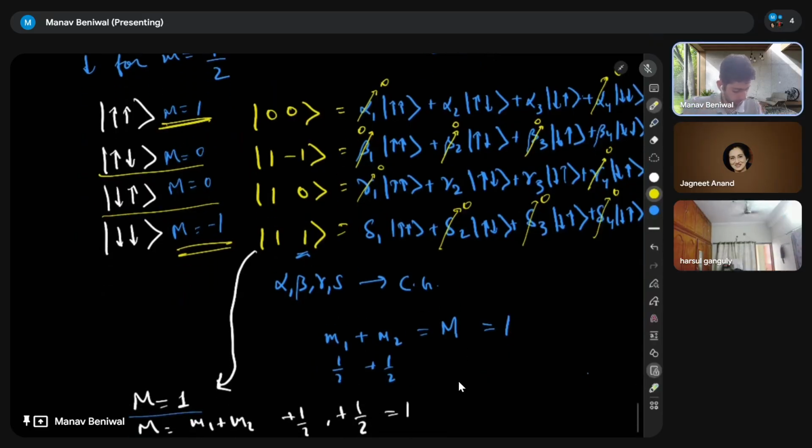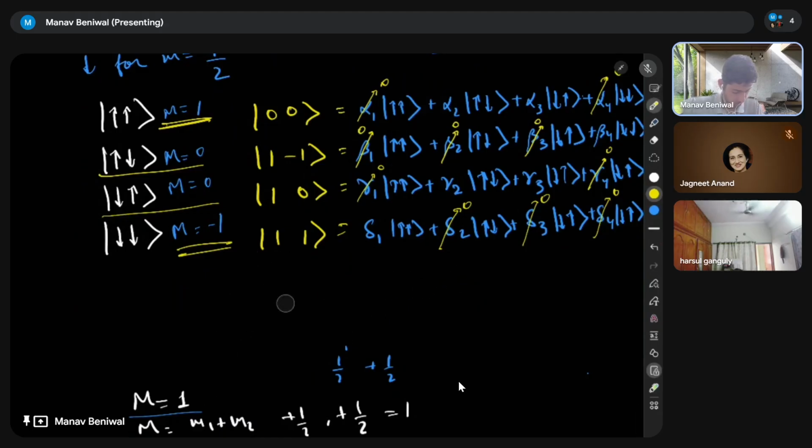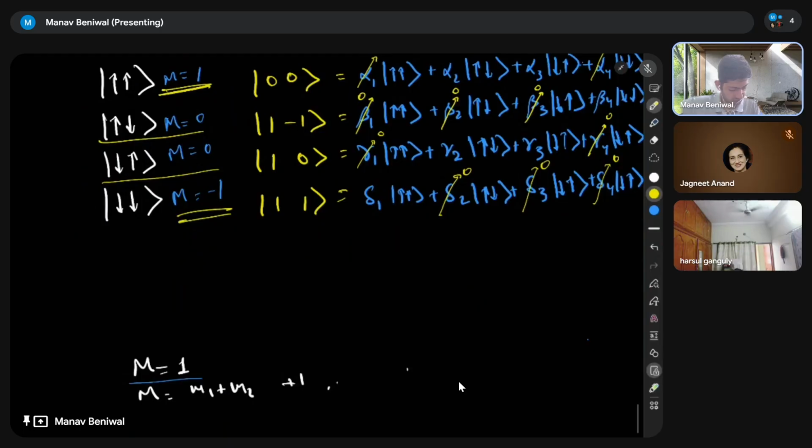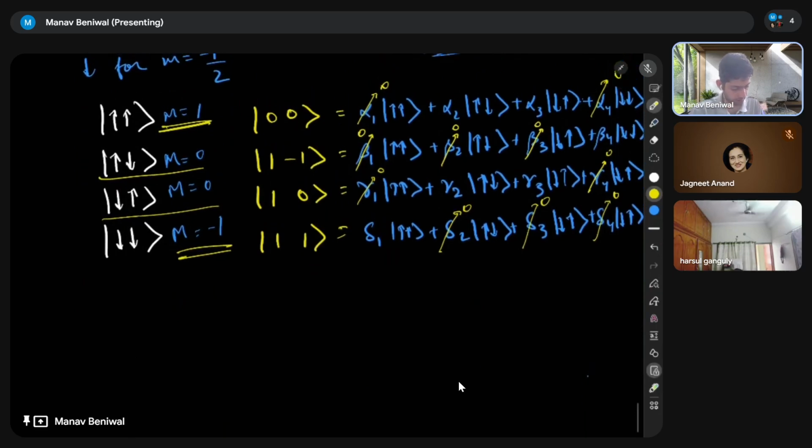Now, let me erase this. Now we'll start assigning values to these alpha, beta, gamma, delta. So let's start with this last state, the 1, 1 state.